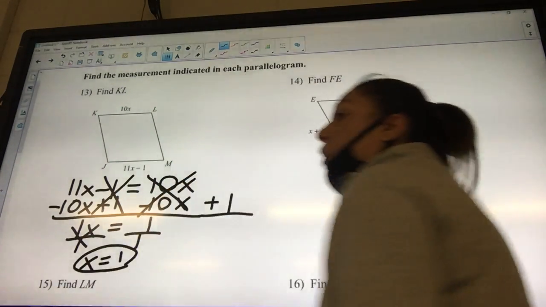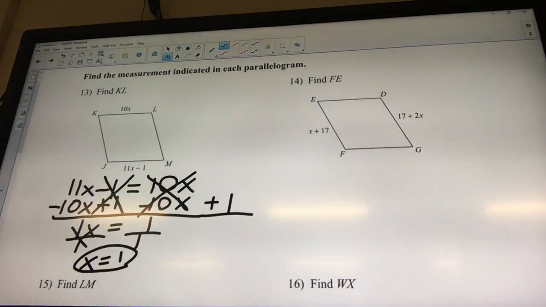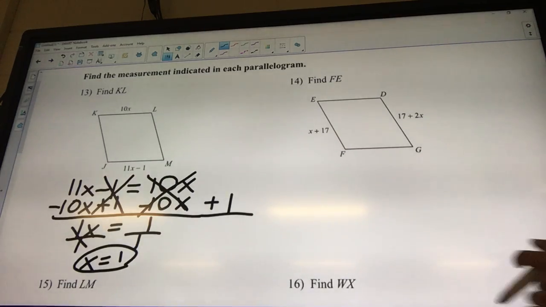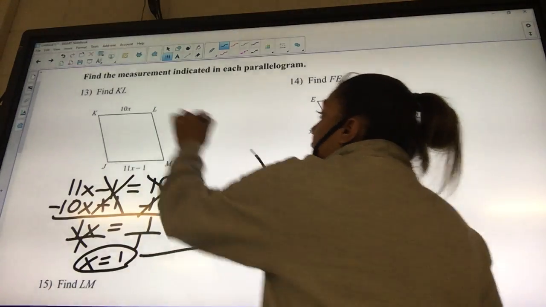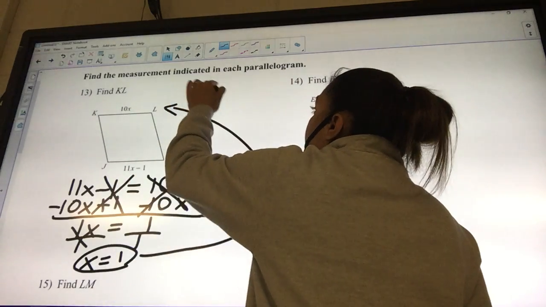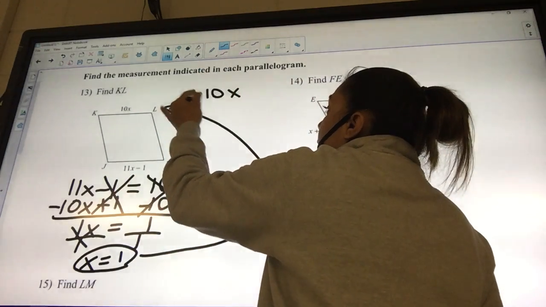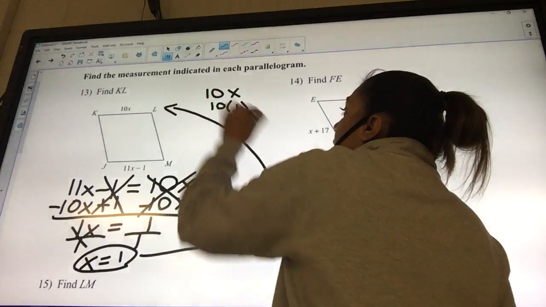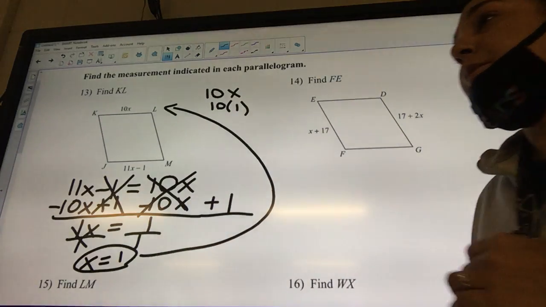x equals 1. However, what is the problem telling us to find? Find KL. And what is KL? 10x. So we're going to have to plug the x into the KL part. Everywhere there's an x, we're plugging in a 1. So what is KL? 10.